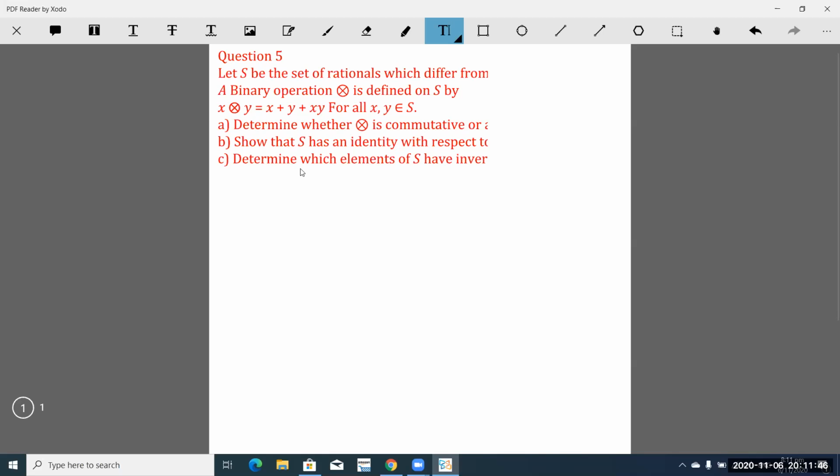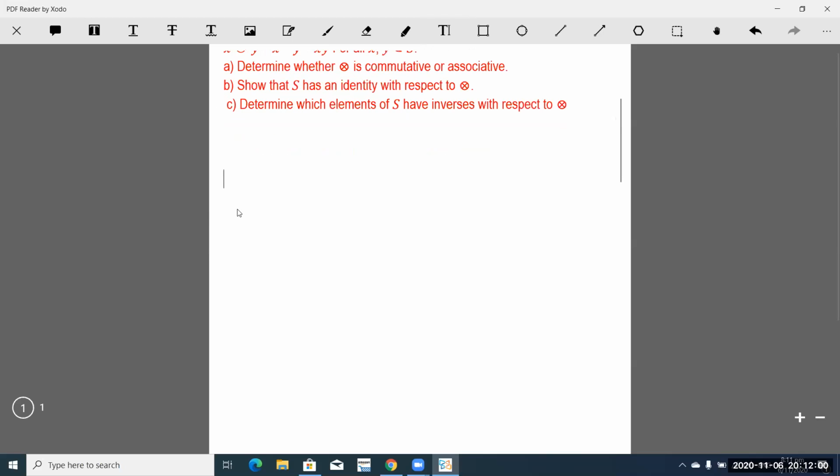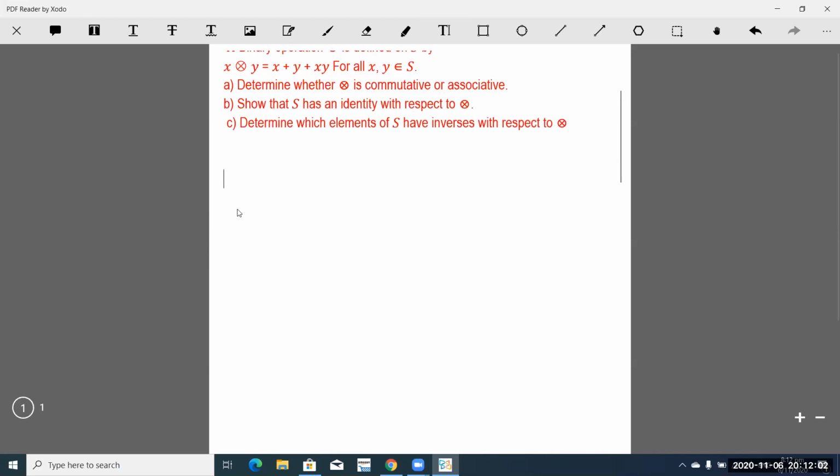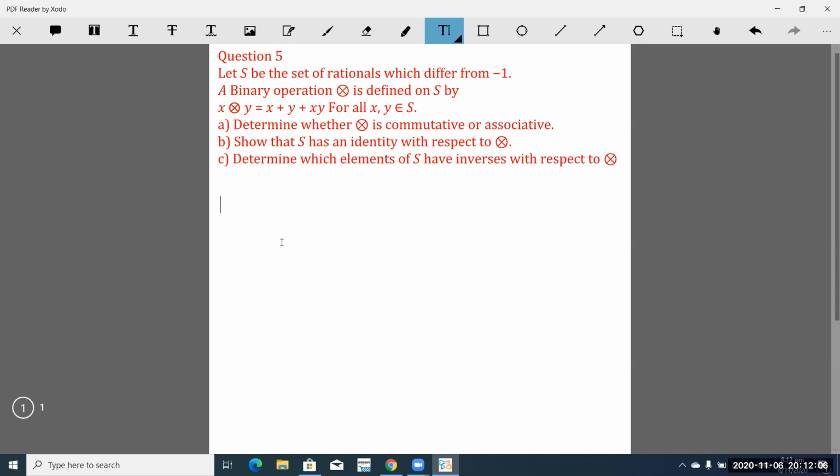Determine whether it's commutative or associative. So we're going to show if it's commutative or associative. What do we do to show commutativity? A star B is equal to B star A. Very good. So we show A star B is equal to B star A.